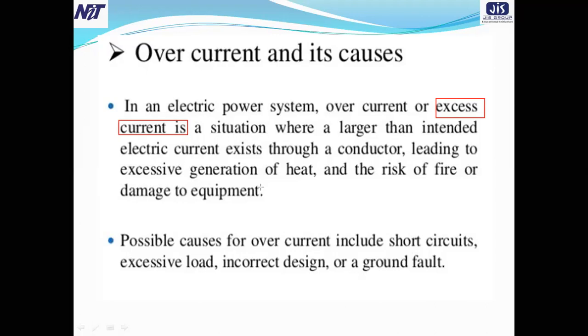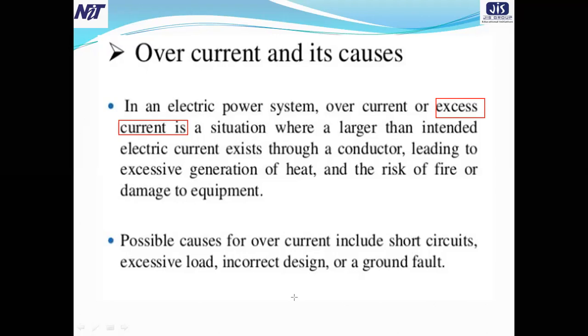Sometimes there is a risk of fire, and sometimes it damages the equipment. So overcurrent is not good for the system. This excessive current or overcurrent is always bad for the system, so we always have to be very serious about it.